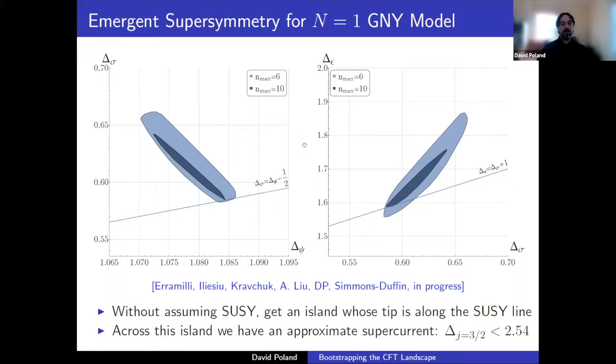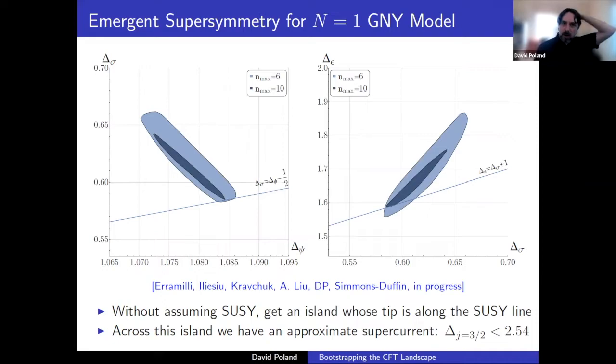We can see that there's an upper bound on the scaling dimension of this spin 3 halves operator: it has to be less than 2.54 all the way across this island. So in some sense, this whole island is approximately supersymmetric. It has an operator which is approximately a supercurrent, and it becomes exactly supersymmetric right at this tip.